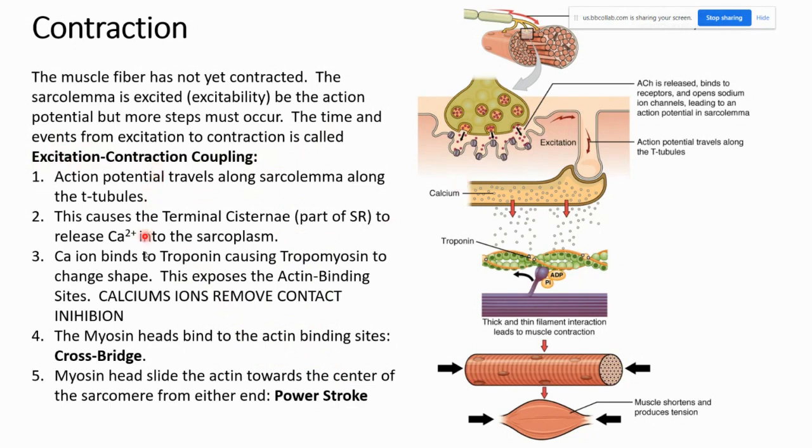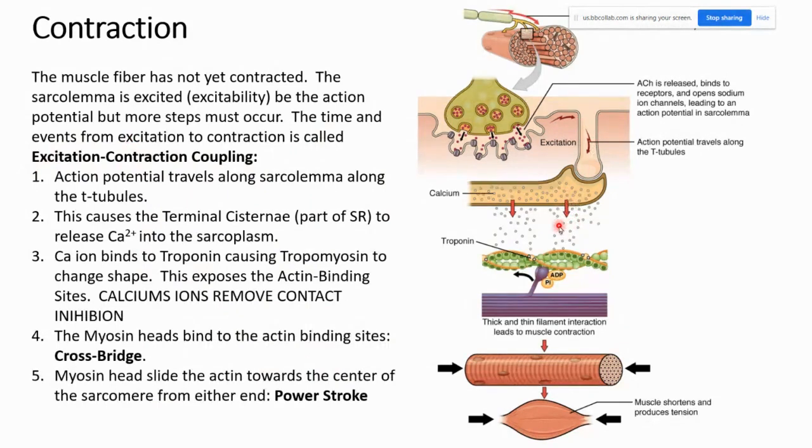So it takes time for all these steps to happen. So the time that it takes from when it's excited to when it actually contracts, the power stroke, that's called EC coupling, right? Excitation-contraction coupling. It's almost instantaneous, right? It happens so quickly, but there is time that it takes for that to happen because the action potential has to go down the T-tubules.